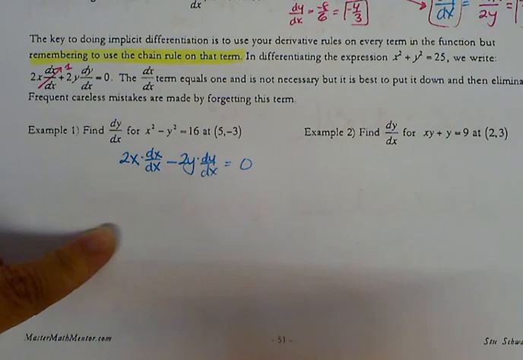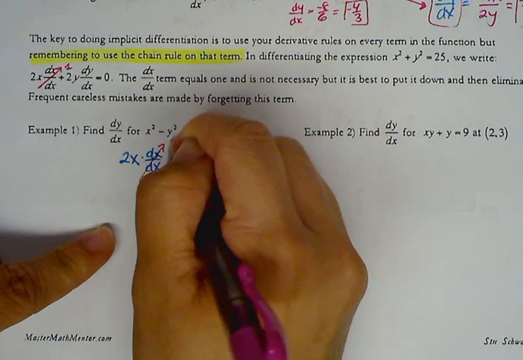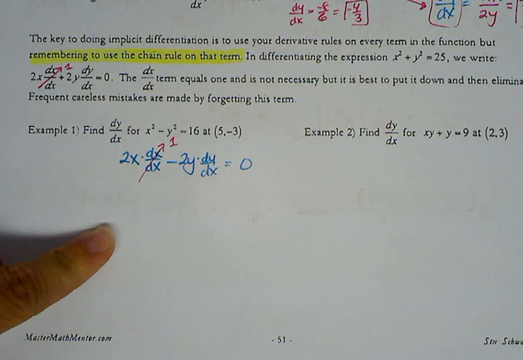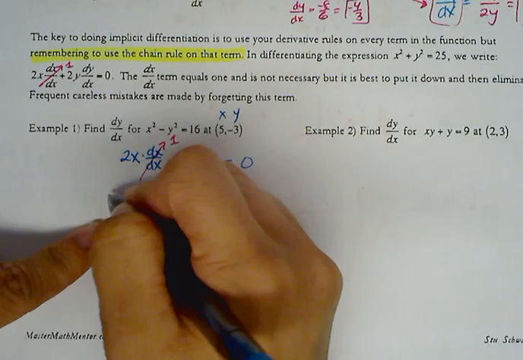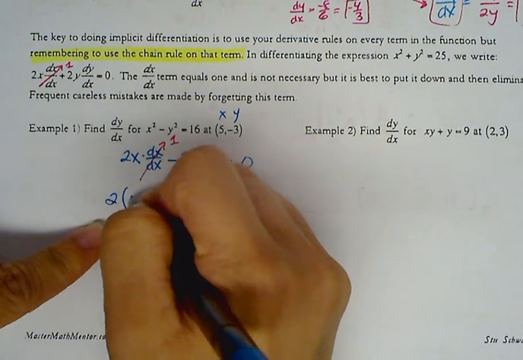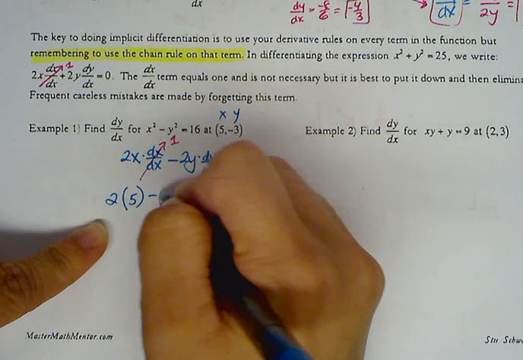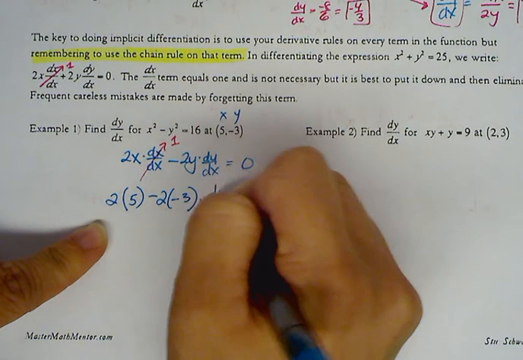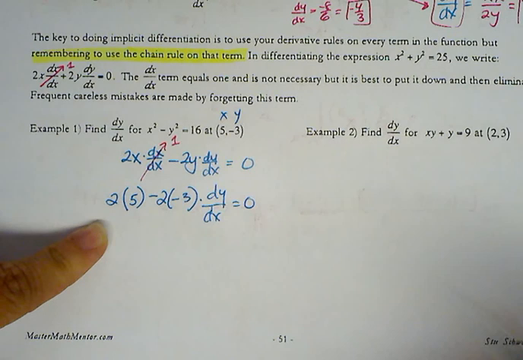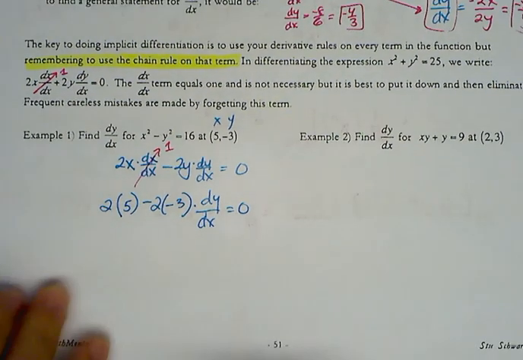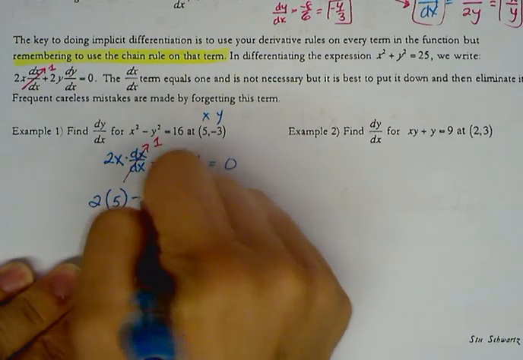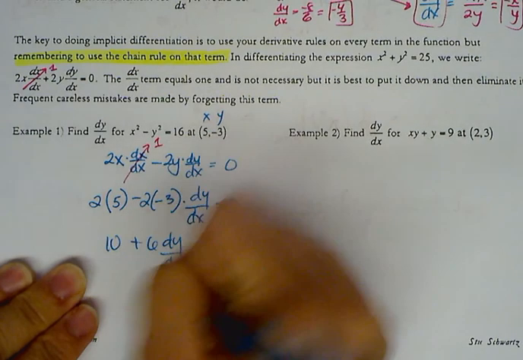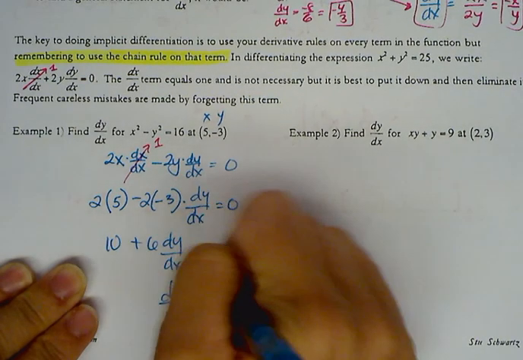Okay, well this one becomes 1, and you can plug in the points, right? This is the x, this is the y. So 2 times 5 minus 2 times -3 times dy/dx equals 0. Okay, so 10 plus 6 dy/dx equals 0. So dy/dx equals -10/6, which is -5/3.